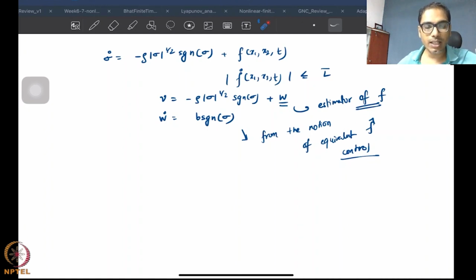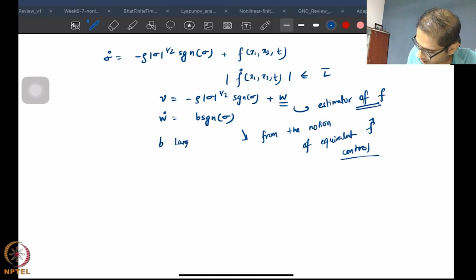Of course, there's no problem if you have a minus kw as well. But this works. This will be an estimator of f, and that is essentially what you apply on top of your super twisting control, and this will also compensate for the f itself. Of course, we are not specifying what b is, so we'll just say b large enough.